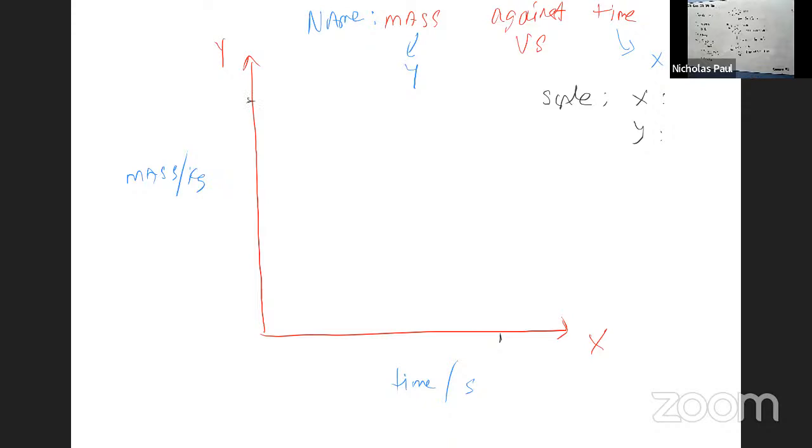More than 2/3 of a page. Question? No? Right? So your graph has to be more than 2/3 of your page. So your largest value for the x has to be around the end there. And this is your largest y value.